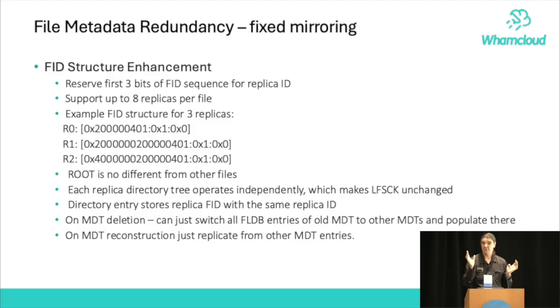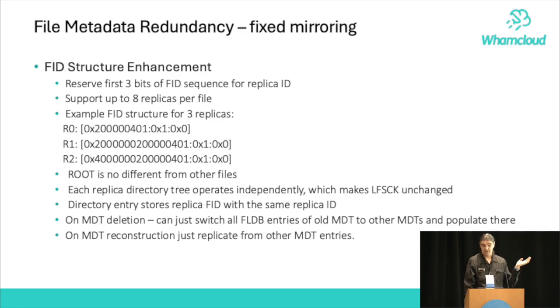And if you lose one of them, it's totally trivial to recombine it back. So you don't need to extend your extended attributes to store all the random FIDs, as long as you are totally content with a very fixed mirroring scheme.